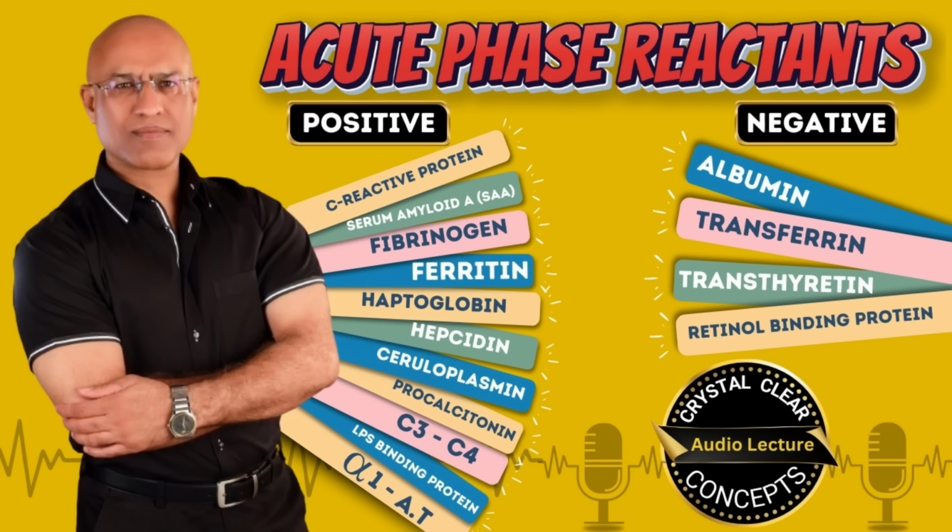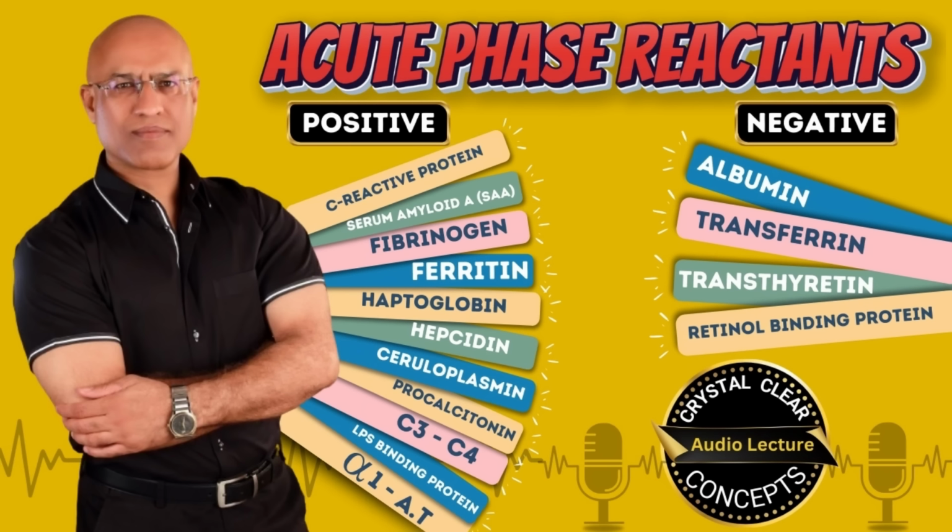Those proteins whose concentration is increased, and those whose concentration is decreasing, both of them in one way or another help our body to fight the trauma, infection, or stress, and help our body to repair, right? Let's start one by one. First of all, positive acute phase reactants, but very briefly, right? One by one, I will mention.